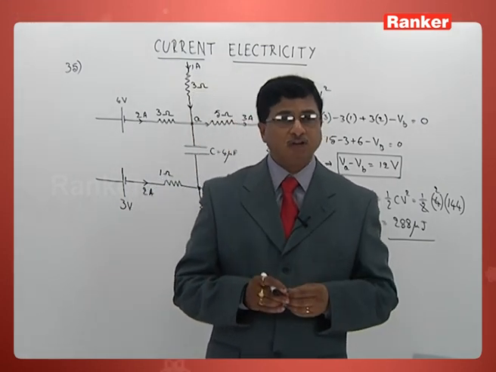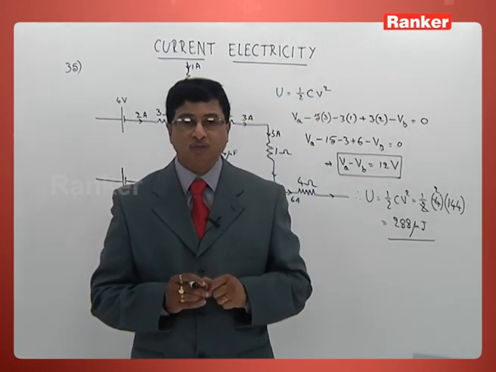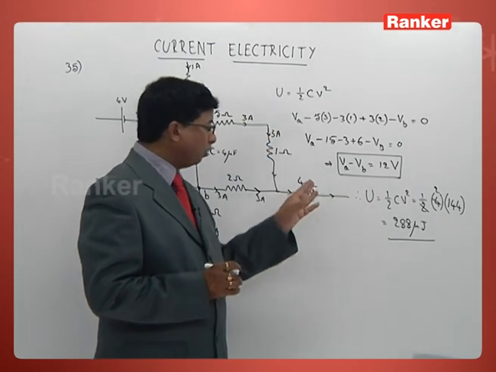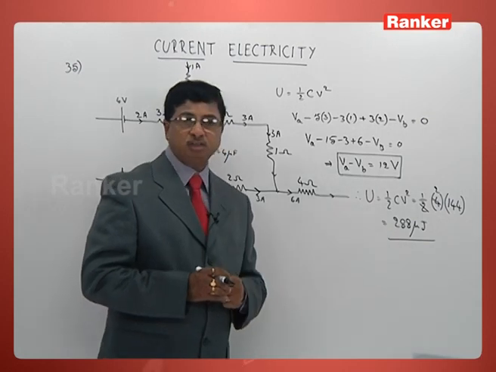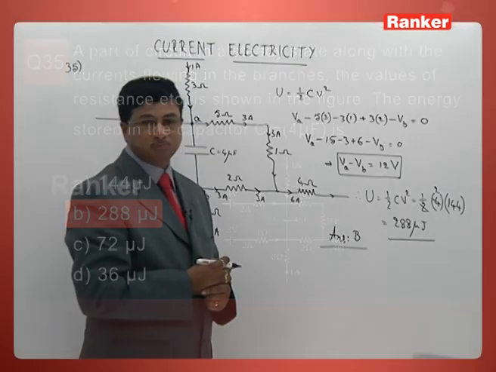That is in fact in the form of potential energy also. Therefore, according to the 4 options given, which option is tallying with this number? It is the second option. Therefore, we can remember the answer for this particular problem is B.